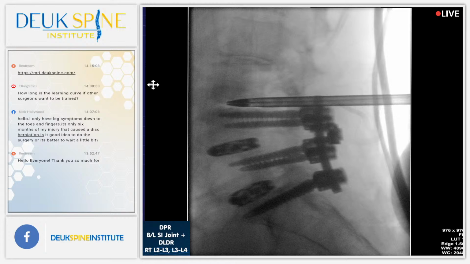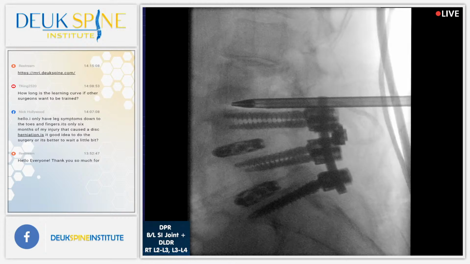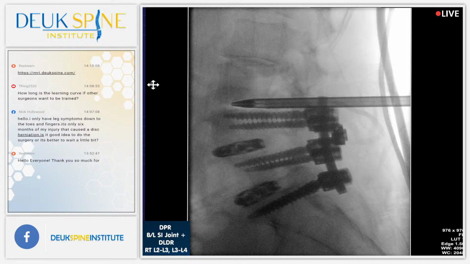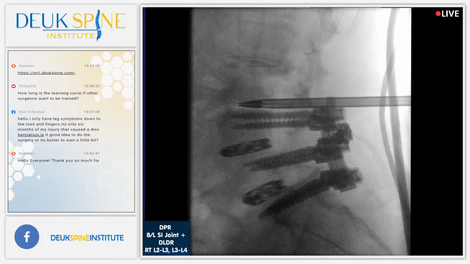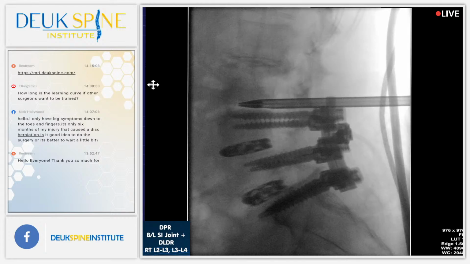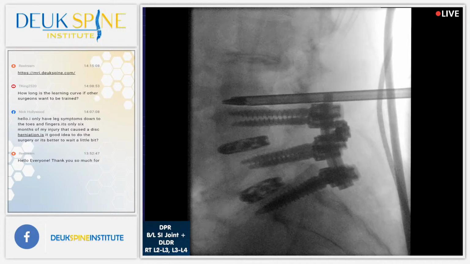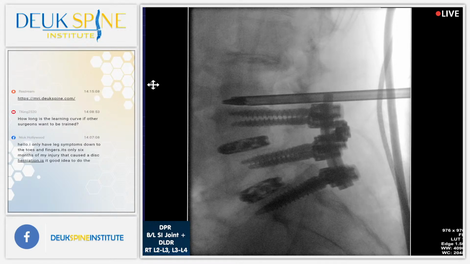All right, I apologize. This disc was next to the fusion, and it was the worst shot. You see how it's off on orbit? I think she's moved a little bit. I think that's better. That's fine. All right, let's go ahead and do that.